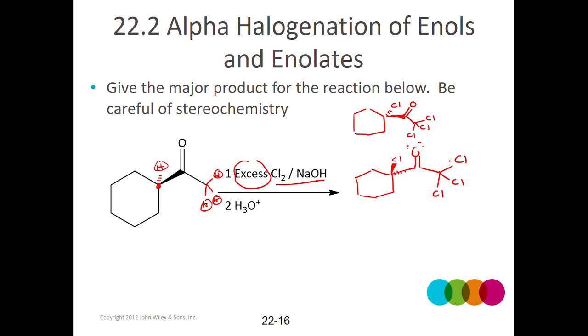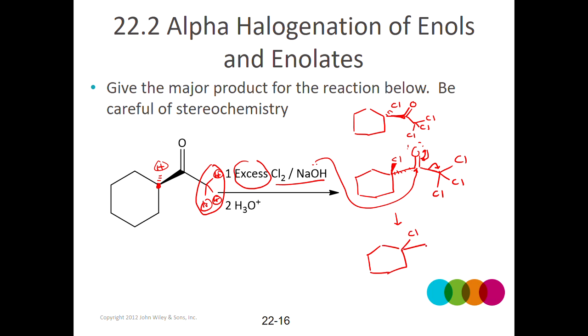But then, now I see, since this was a methyl group, it can leave. And I expect an OH minus to come in here, push electrons up, and when they swing back down, to push that leaving group out. So once it leaves, it will then pick off a proton.